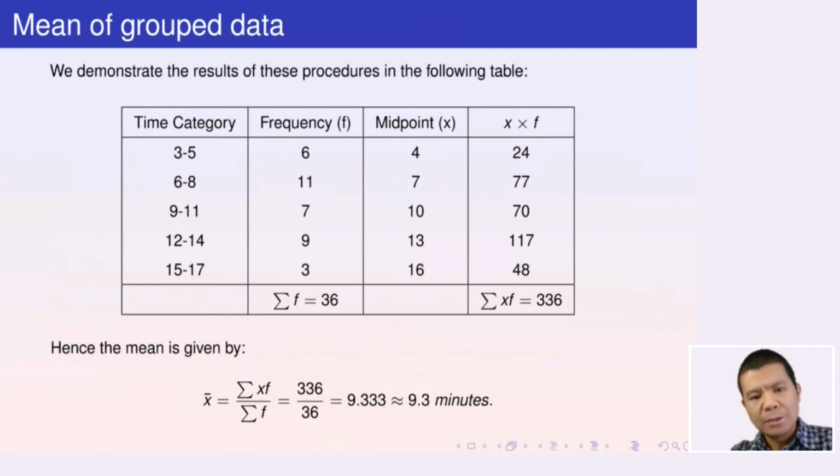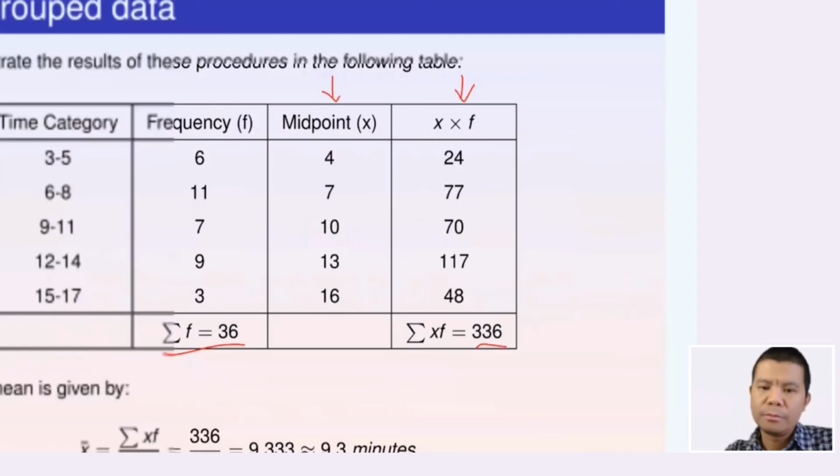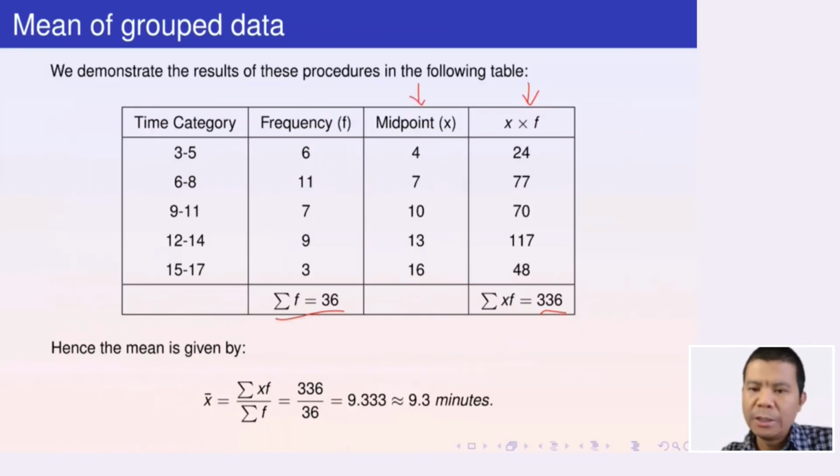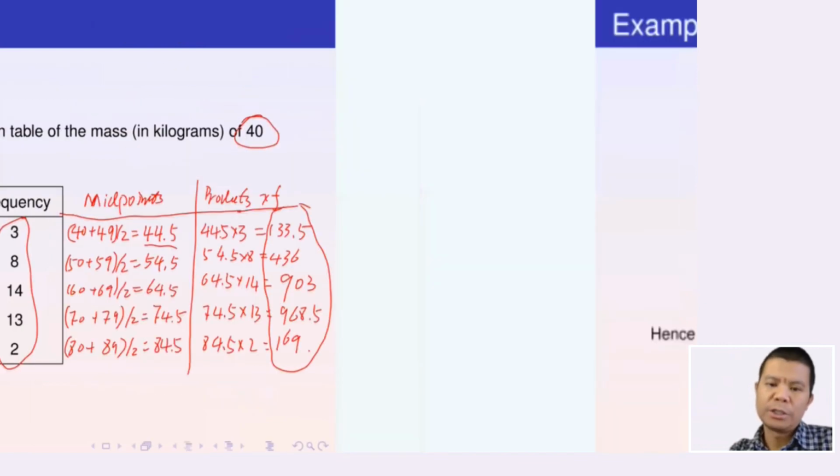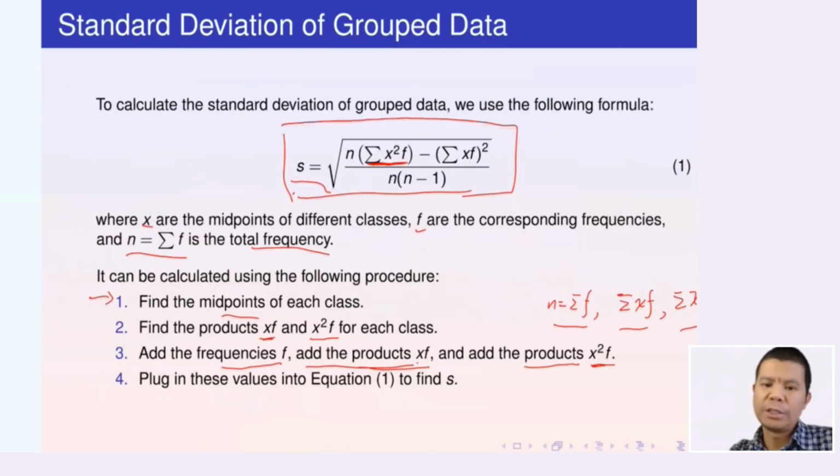We already found all these summations as well, so we just add another column, x squared f, and follow the procedure. Everything is given here, so we can use the previous example.